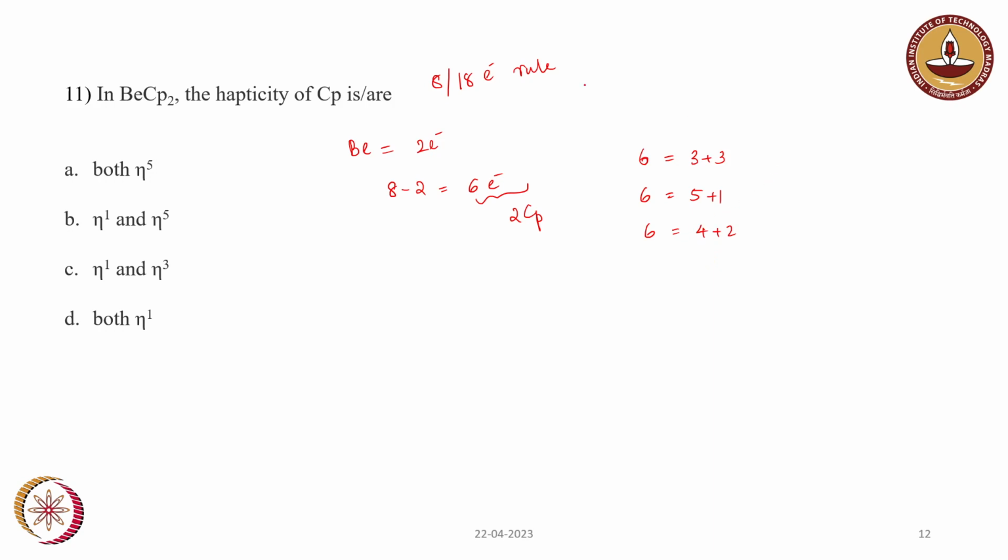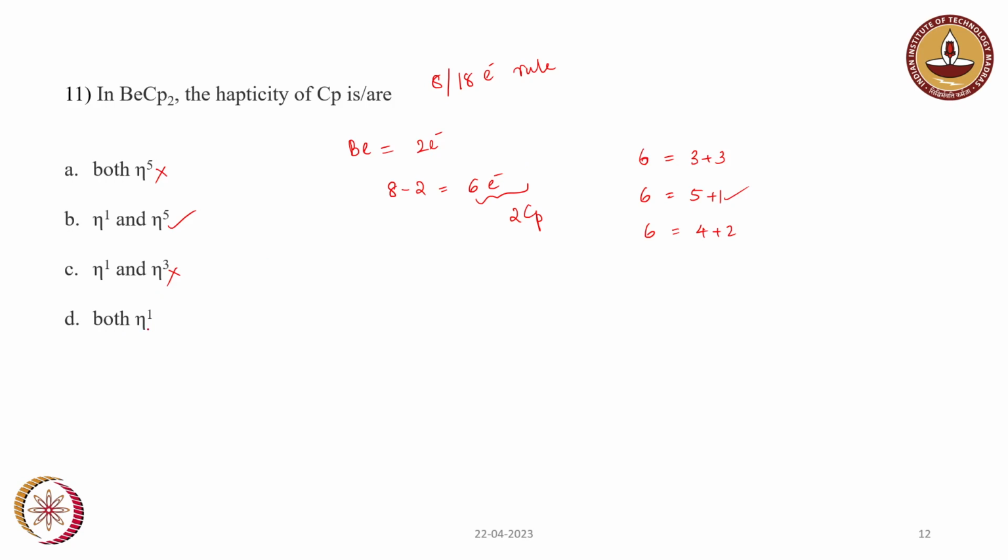Here we are given both eta 5. So 5 plus 5 is not possible, so that's not a possibility. And 1 and 5, so we have 1 and 5 here, so it's a possibility. And 1 and 3 forms only 4 electrons, but we need 6, so this is not the option.